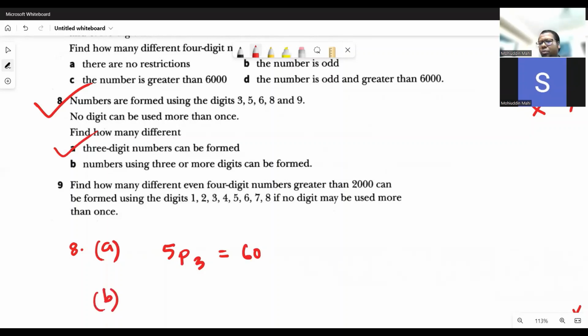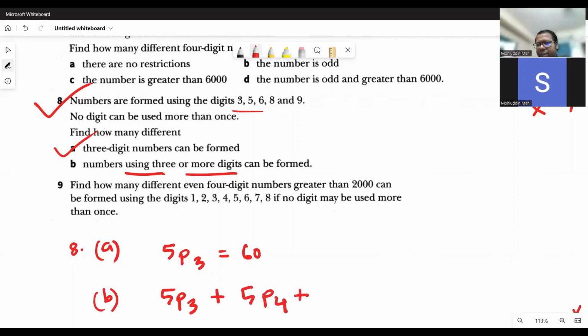Numbers using 3 or more digits can be formed. Now, be careful. 3 or more digits can be formed. I mean, you can form numbers of 3 digits or 4 digits or 5 digits. So if you are using 3 digits, you can do it in 5P3 ways. If you want to make numbers having 4 digits, you can do it in 5P4 ways.